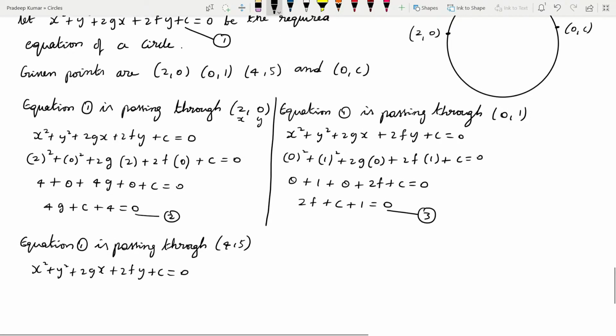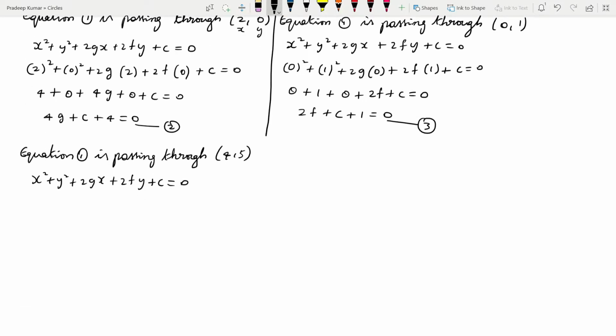Here I'll substitute the coordinates: x is 4, y is 5, so x squared plus y squared plus 2 into g into 4 plus 2f into 5 plus c equal to 0. Let's multiply: 4 squared is 16, 5 squared is 25, plus 8g, plus 10f plus c equal to 0.